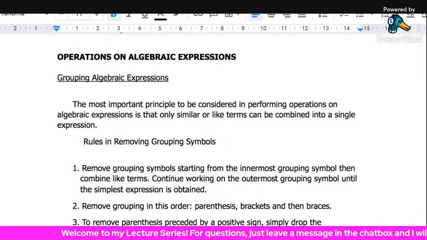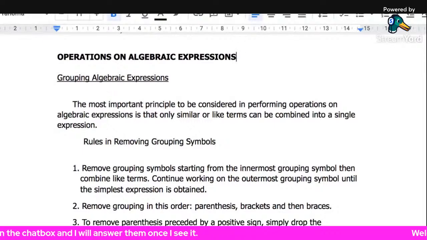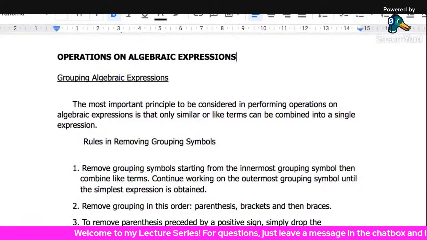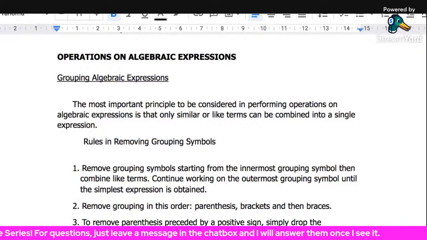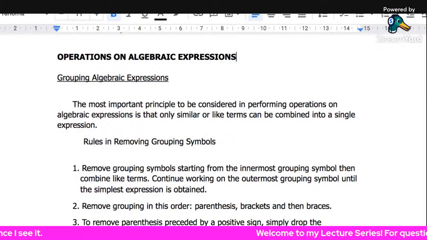So when we deal with the operations on algebraic expressions, we need to consider how do we group algebraic expressions. It's very important that we know how to perform the different operations involving algebraic expressions when there are groupings.